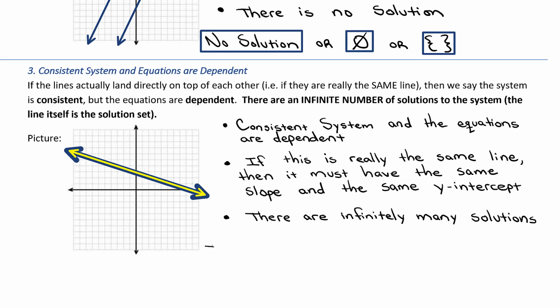Now the question here is, how would we write the solution set for this?